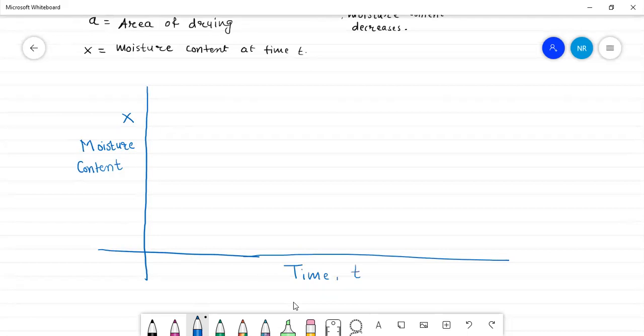Now initially, once we have a solid, its weight, we have some moisture content, which we call the initial moisture content Xi. Now at time t equal to 0, we have wet solid, and the wet solid has a moisture content Xi.